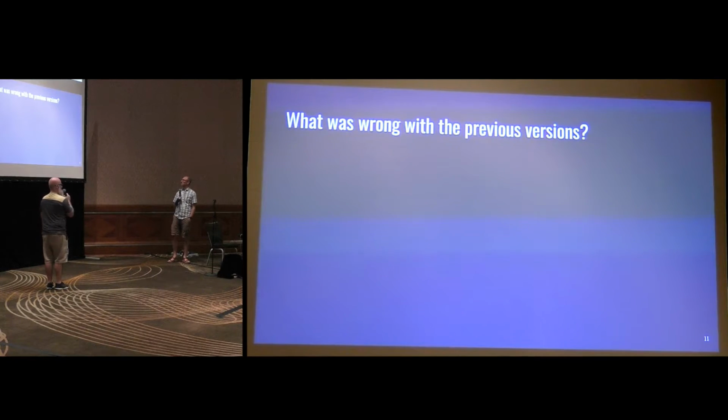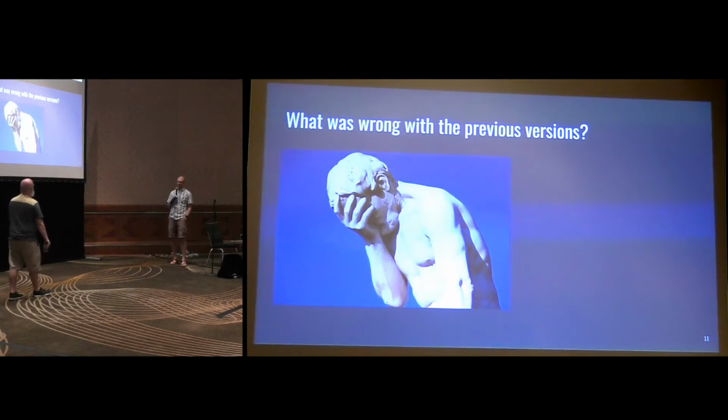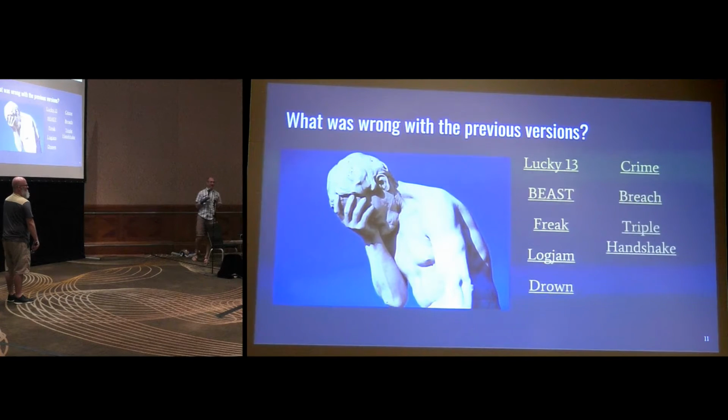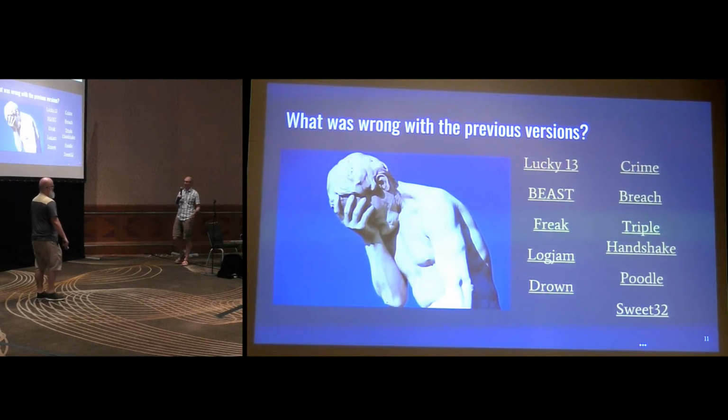What's wrong with the previous versions? So over the past, starting in, say, 2012, there was a lot of research done on TLS, and so we started to see a lot of problems being found that had to do with some of the cryptographic construction, some of the particular features like renegotiation and the way we did CBC mode ciphers.